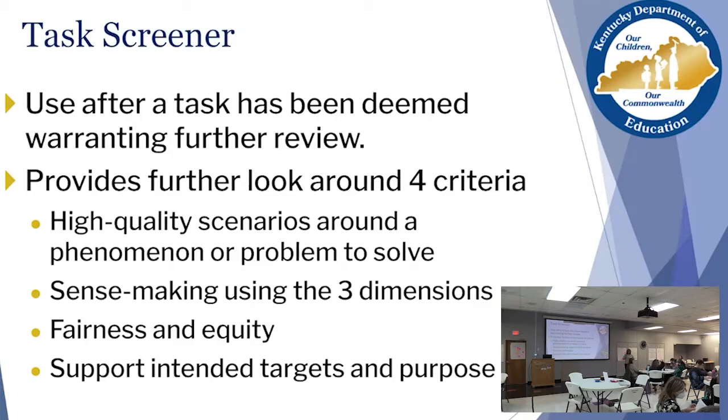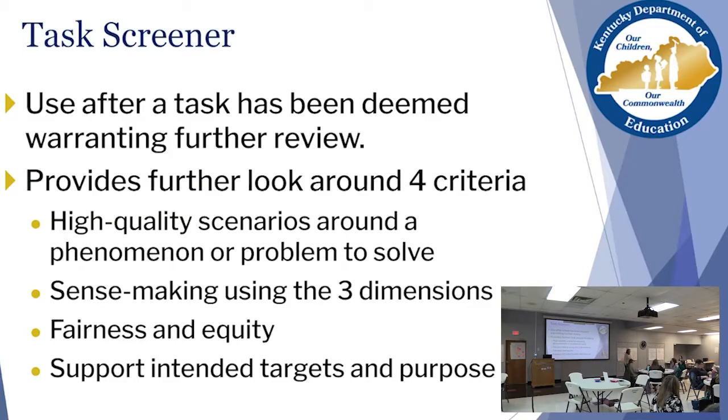Now, if you look at, so in your packet, there is the screener, which is the other big piece there. And like I said, there are 4 criteria: the phenomena, dimensions, equity, and meeting of targets.